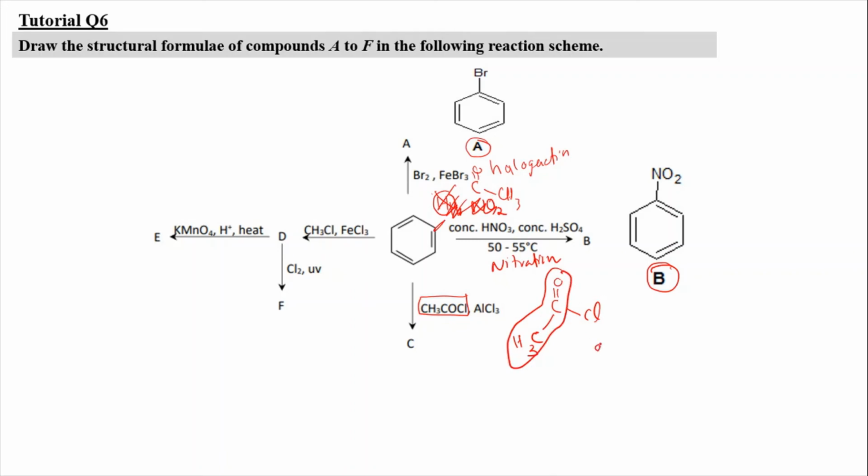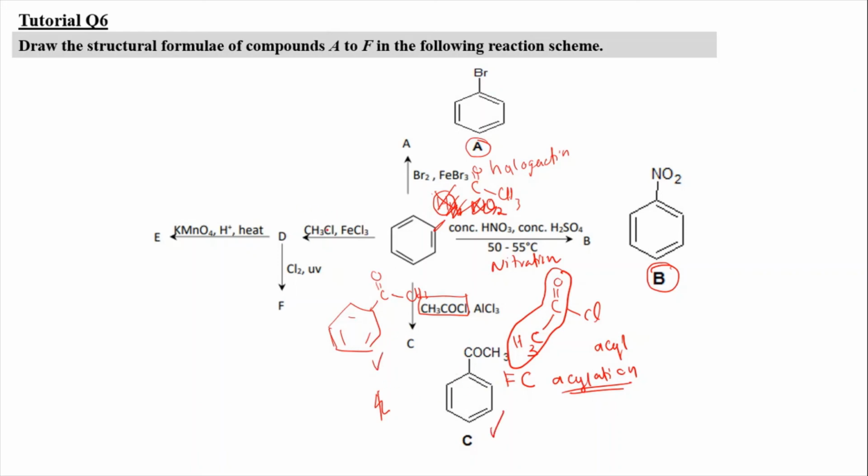So this is known as acyl, and the process here is known as Friedel-Crafts acylation. Okay, so we're going to draw the structure again, which is the benzene ring, and we're going to attach with the acyl group, which is the CH3. The Cl is not included. Okay, so you can draw it as C double bond O CH3, or if you want to draw it as a condensed structure, it is also okay.